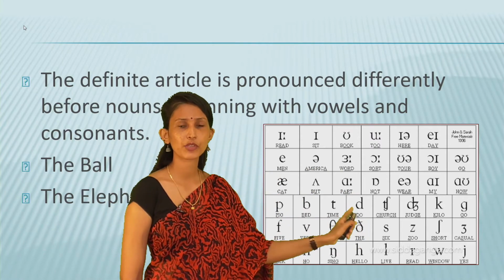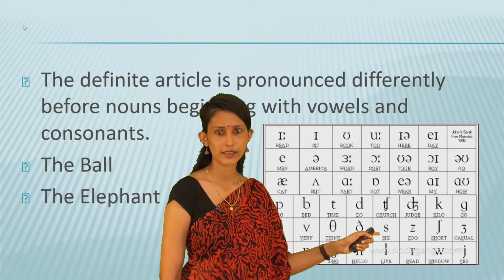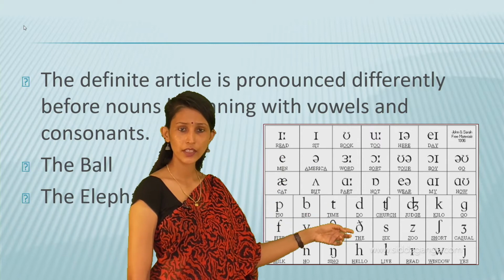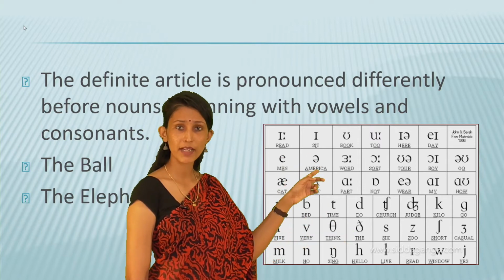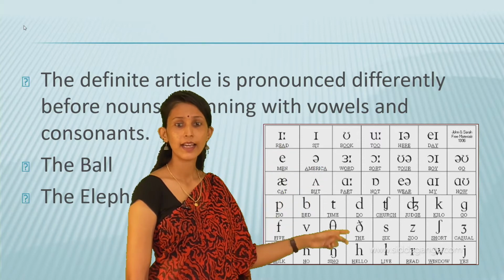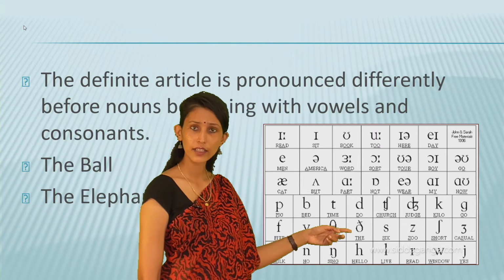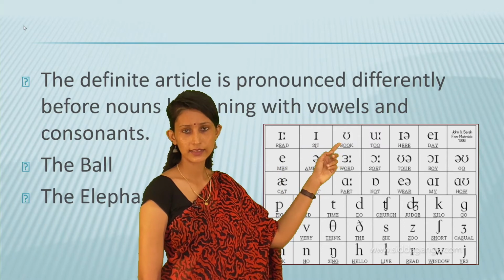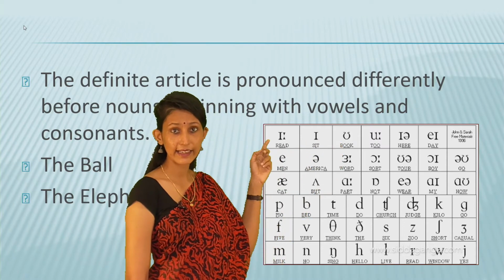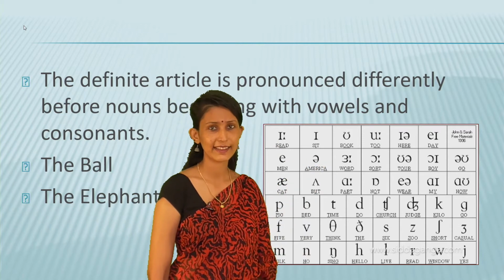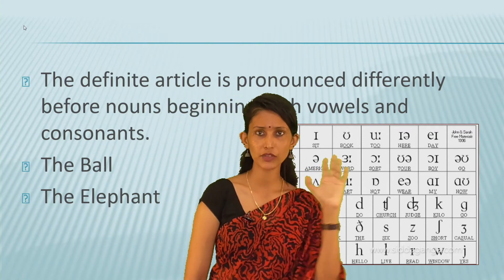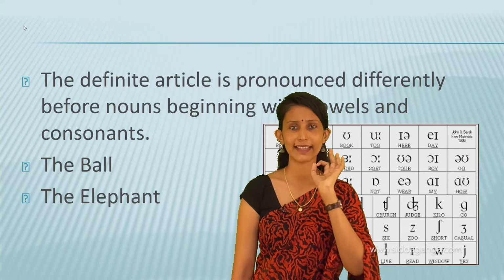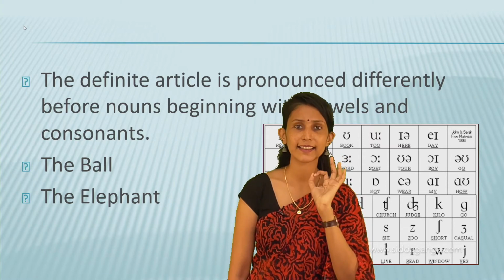This is what helps you to pronounce the word. These are phonetic symbols, alright. So I tell it to you again. So basically remember this much, don't get confused with this. Before the consonant it is the, before the vowel it is the.